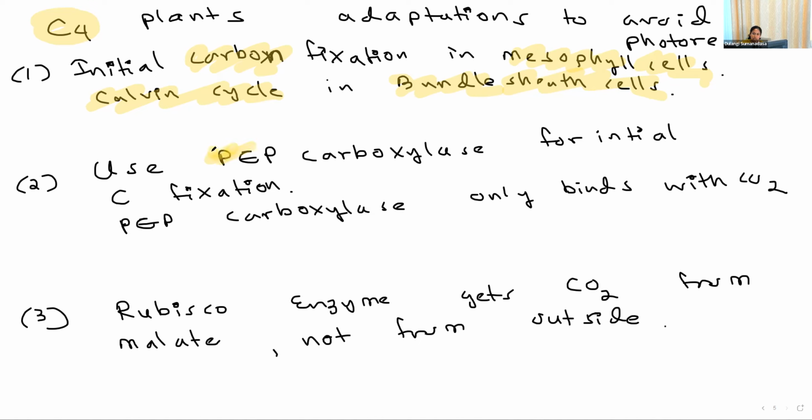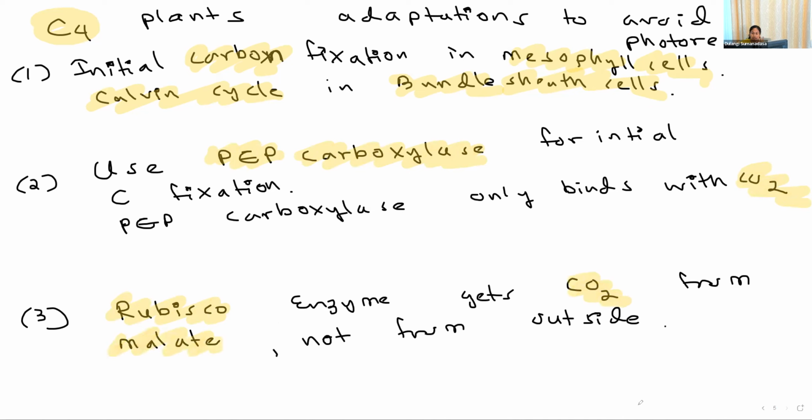C4 plants use a special enzyme for the initial carbon fixation, which never binds with oxygen. It only has affinity towards carbon dioxide. C4 plants keep the Rubisco enzyme inside the bundle sheath cells and give it carbon dioxide from another compound.